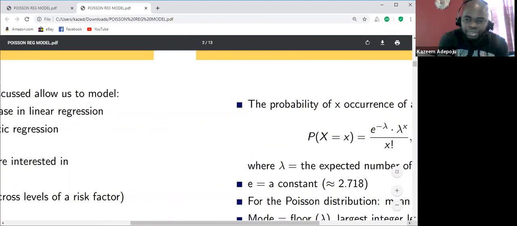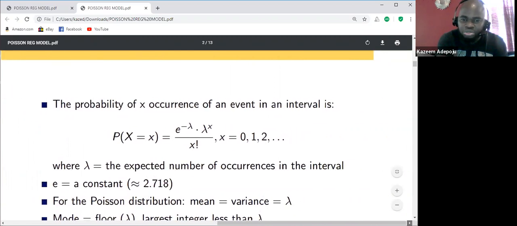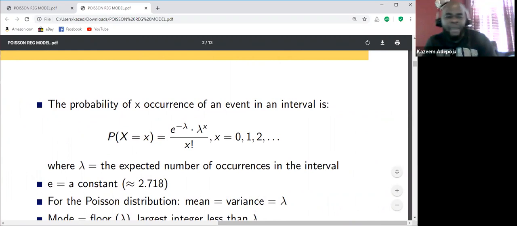So what I want to do right now is just to walk you through what we mean by the Poisson probability distribution. How do we recognize the probability distribution of count data?